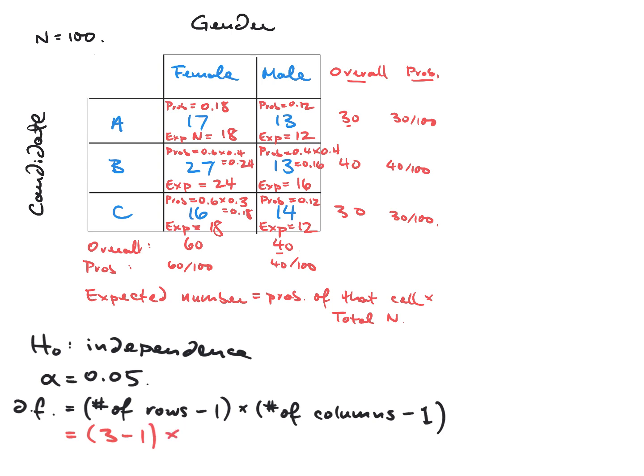And there are 2 categories for gender here. So 2 minus 1. Okay, so 2 times 1, and we have 2 degrees of freedom.